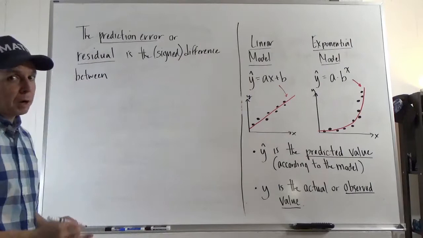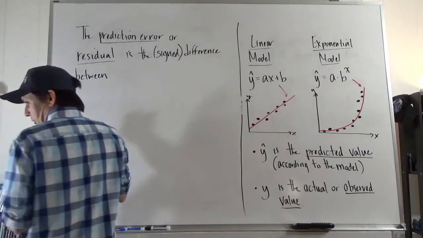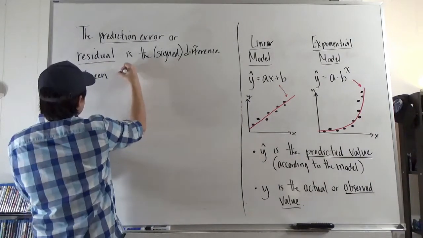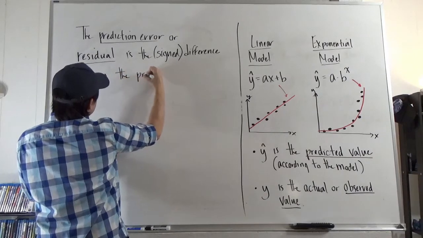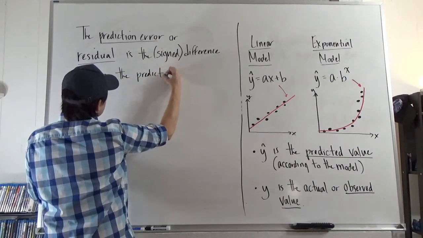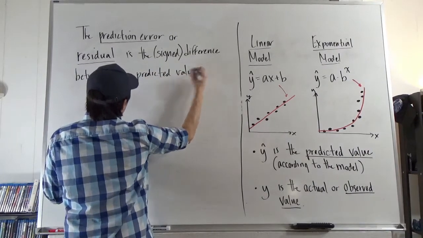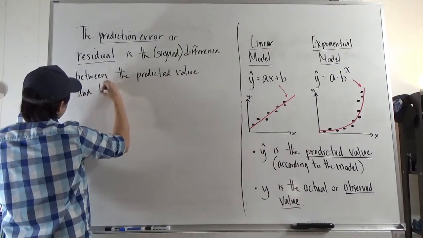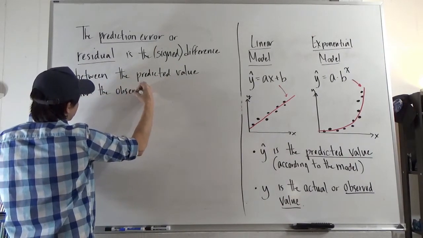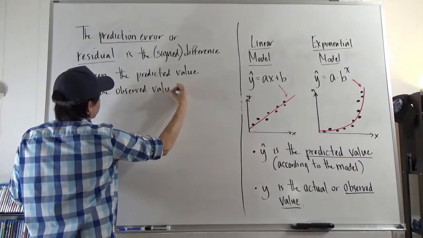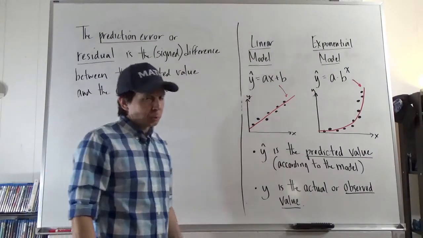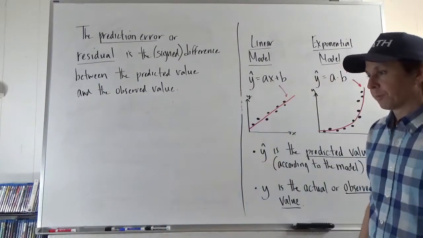So it'll be a negative or positive prediction error, signed, between the predicted value and the observed value. So exactly what I was just talking about, the fact that the prediction may not match up with what we actually see in real life.